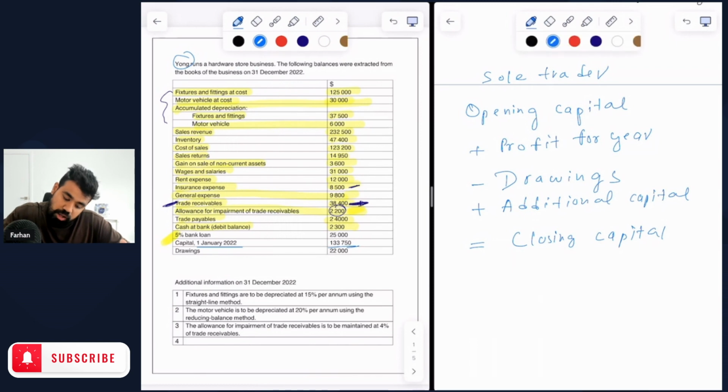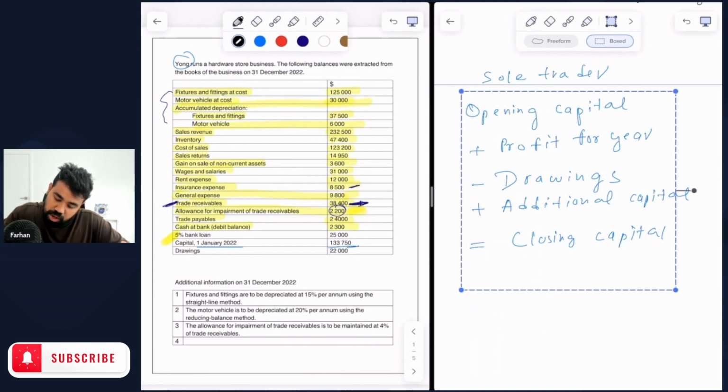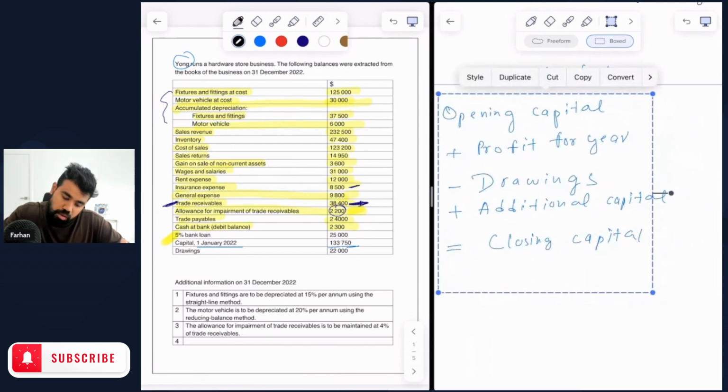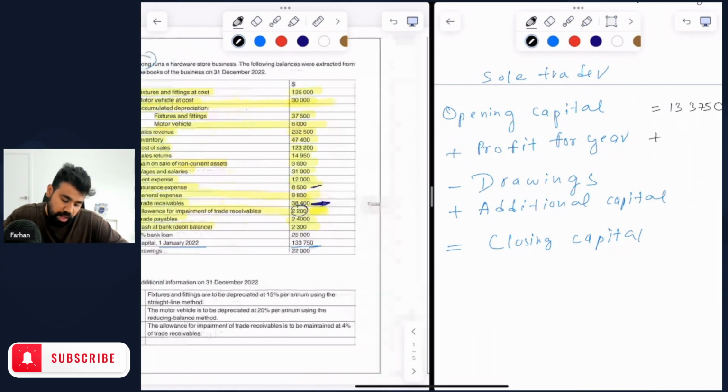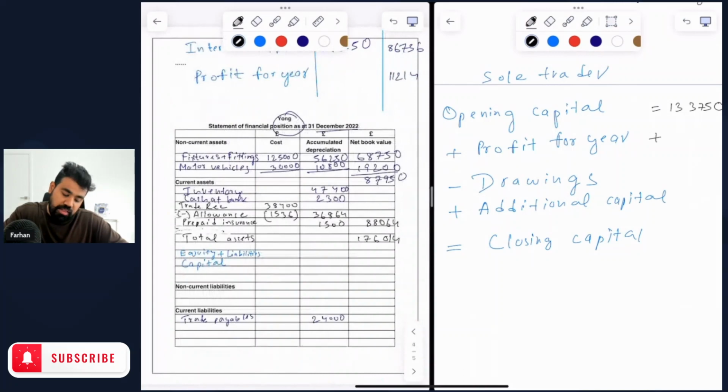So what I'll do is I'll just replace everything with the relevant numbers that we have. Okay, so opening capital is 133,750. Then we add profit, and the profit we calculated was 11,240, which is what I'm highlighting in yellow at the moment.